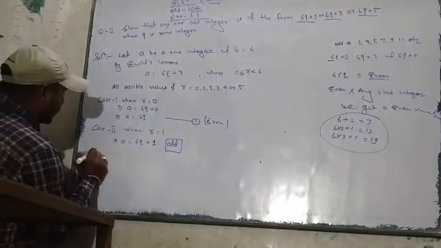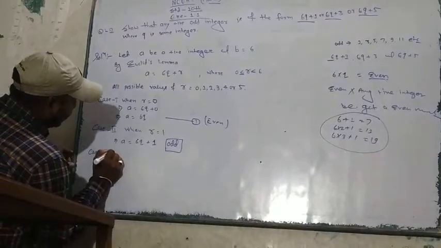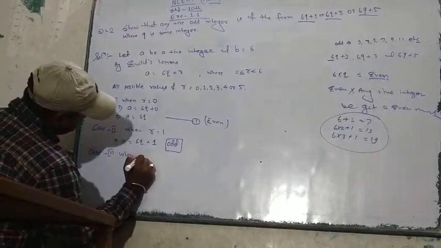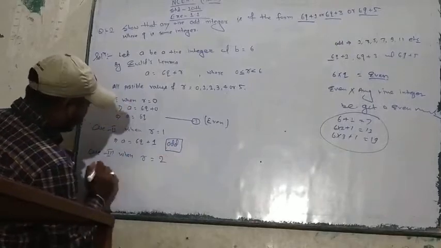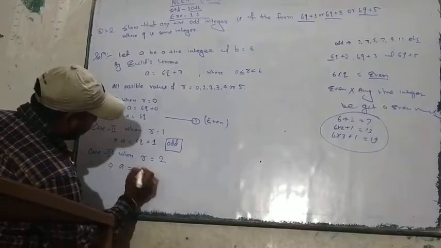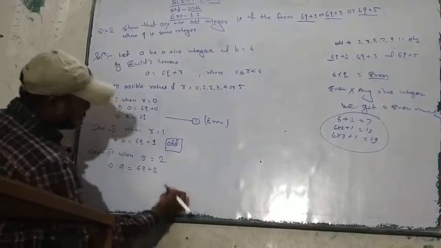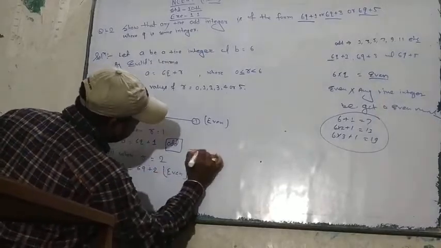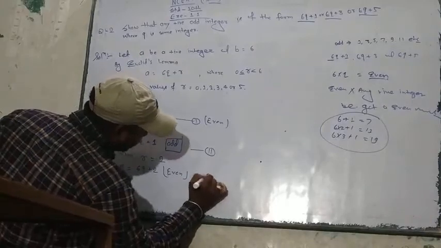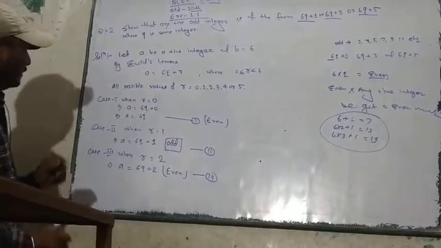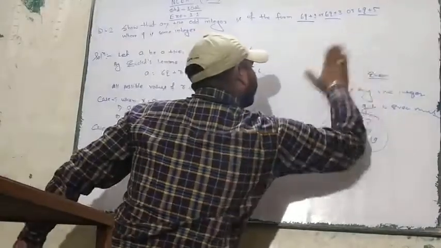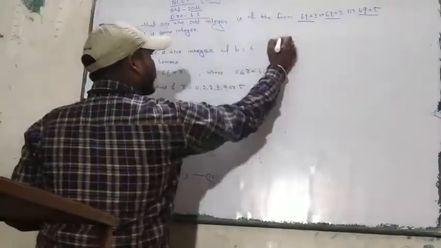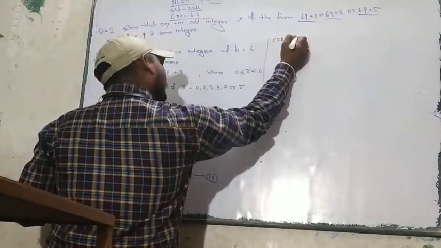And the third case, when r is equal to 2, then a is equal to 6q plus 2. It is even. Understood? This is equation number 3.